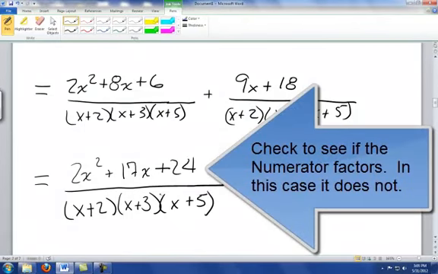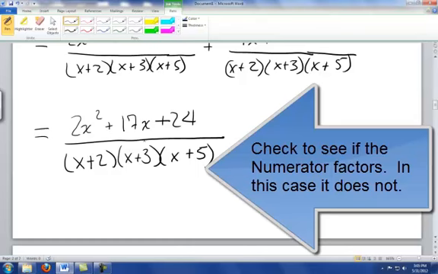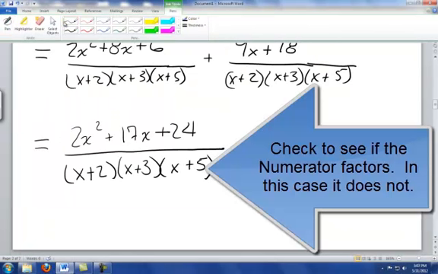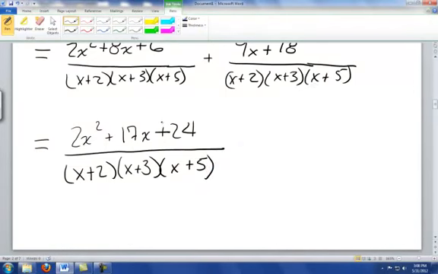Now what I need to do is double check to see whether or not this can be simplified further. Attempting to factor it, we find that the numerator does not factor further. If it did, we would go ahead and factor it, and then there would be the possibility that factors in the numerator would cancel with those in the denominator. But in this case it doesn't.